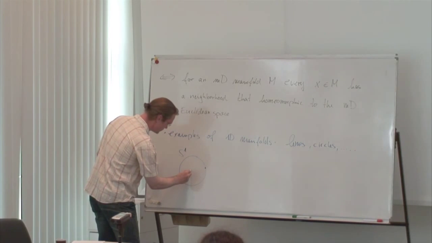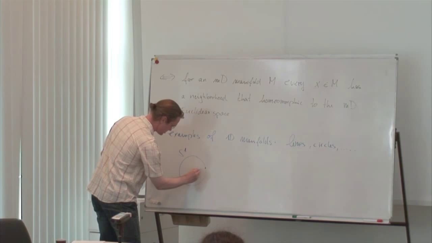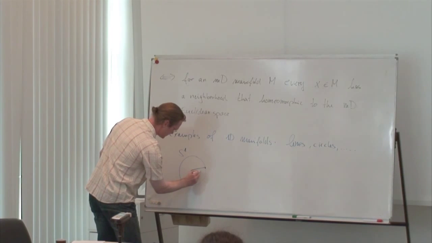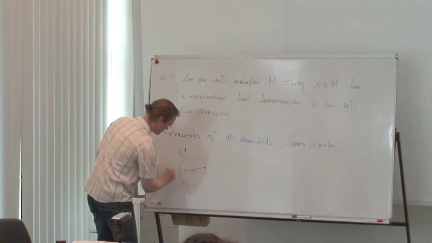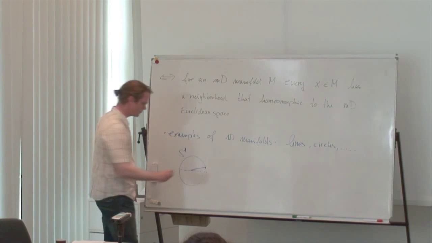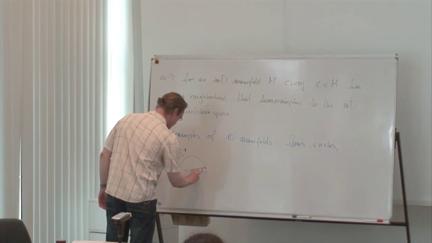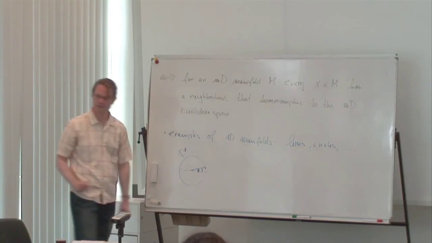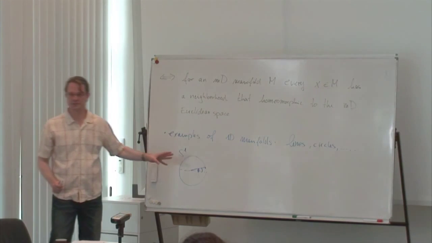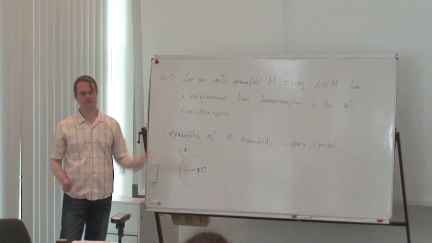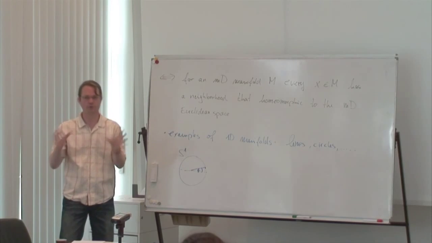Because if we do know the radius of this circle, and let me introduce some zero line here, then one parameter is enough. Let's call it angle phi. One parameter is enough to indicate our location on the circle, if we know the radius.